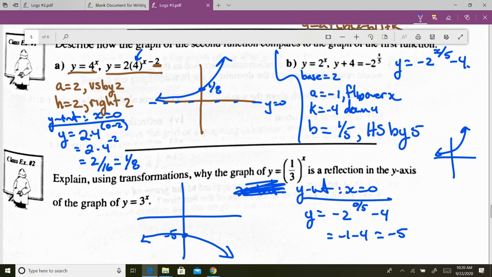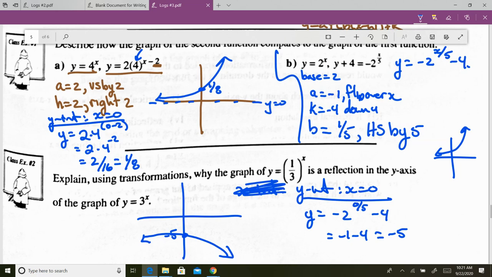The only part that's left is the what? The asymptote. Okay. So that is the line you can't touch. Here's the thing, the asymptote will move with the up-down shift.